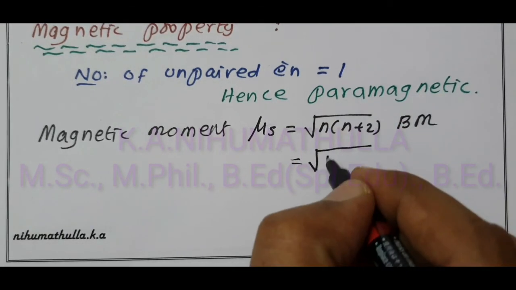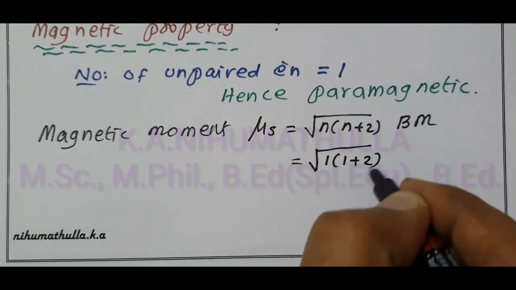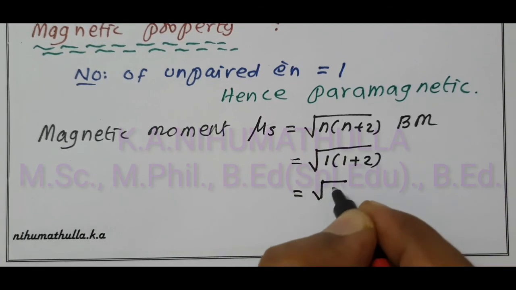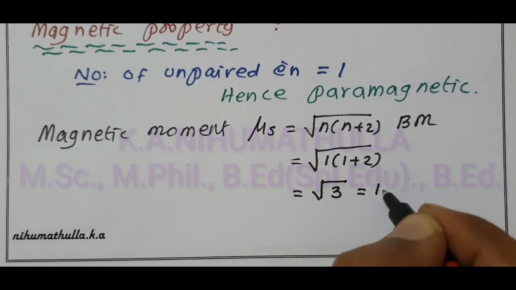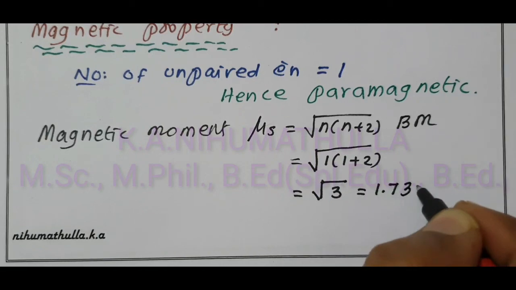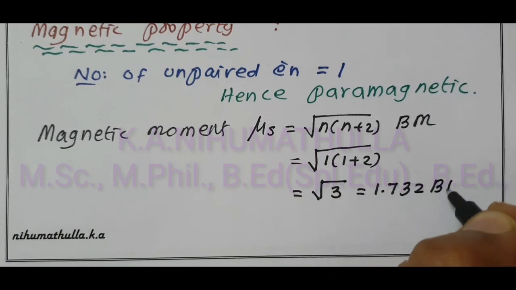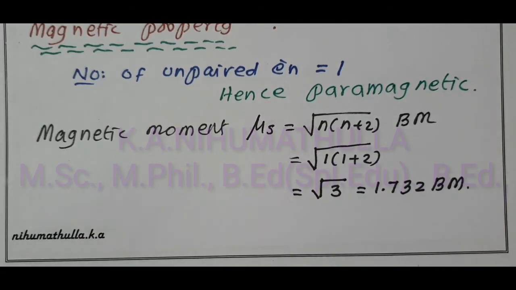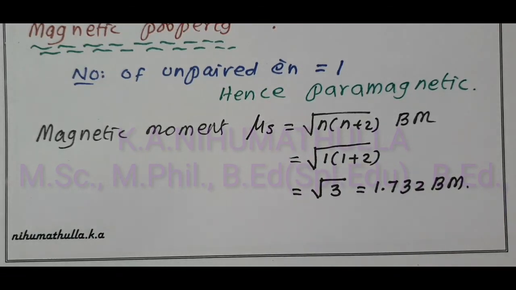That is 1 into 1 plus 2, equal to root 3, which is equal to 1.732 Bohr magneton. The complex is paramagnetic in nature and its magnetic moment value is 1.732. So, FeCN6 3 minus is stable in the low spin complex.